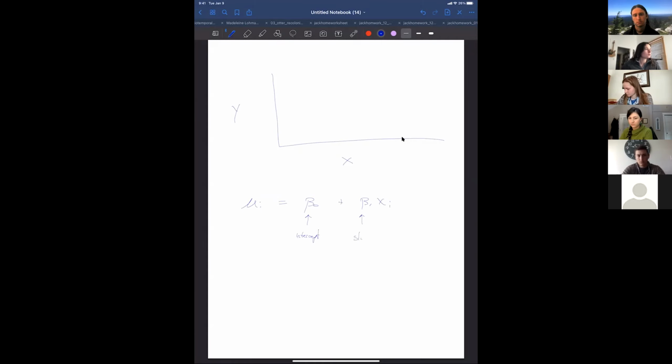This is the slope. We give it the value of x, and then we will get an outcome of mu. And that can look like this, for example. Or it could look like this, or this, depending on what the values of beta 0 and beta 1 are.